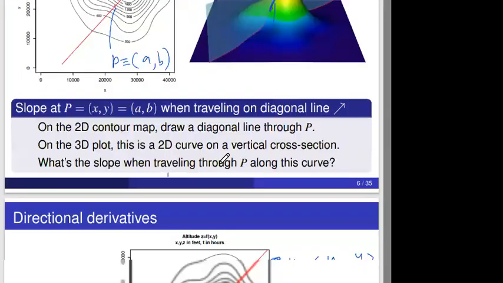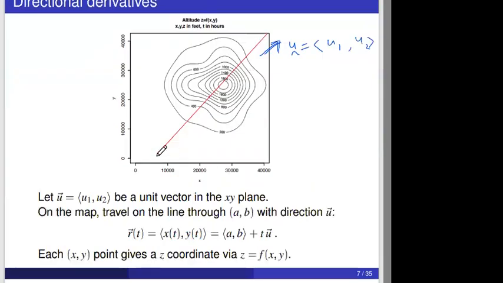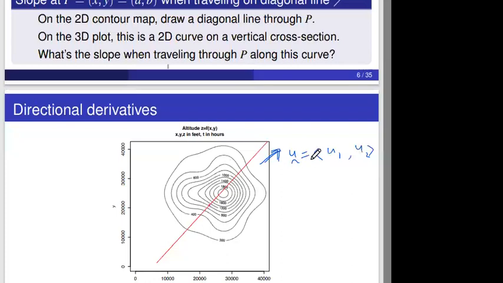For that, you need to find the vector equation of this straight line. It is very easy to find because this point P is given, with coordinates (a, b), and the direction is also given.